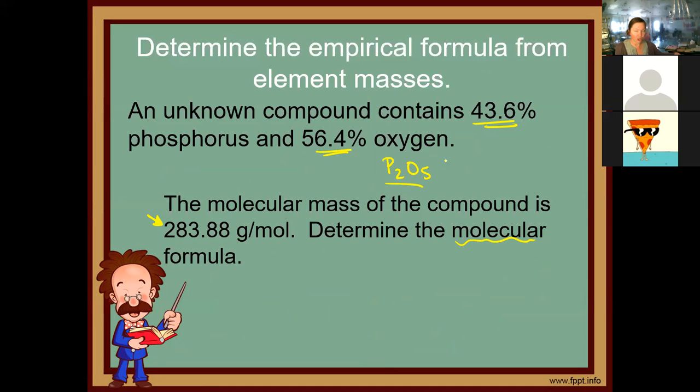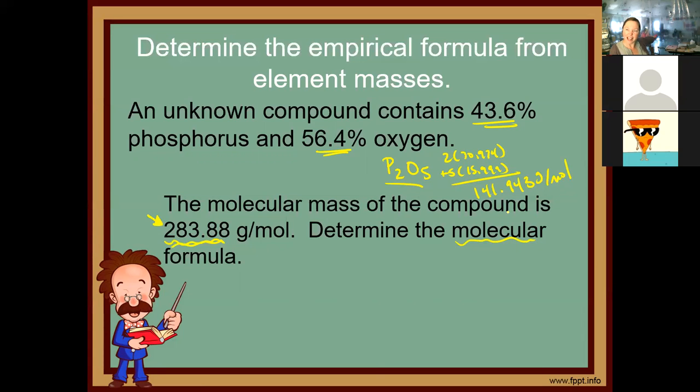If I add 2 P's, 2 times 30.974, and 5 oxygens, 15.999, I get a mass of 2 times 30.974 plus 5 times 15.999. So I should have a molar mass of 141.943 grams per mole. That's what it is according to P2O5. But the question tells me that it's 283.